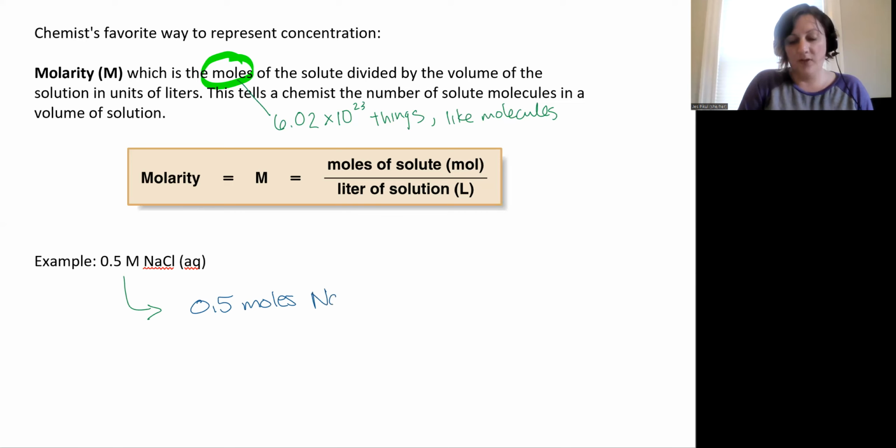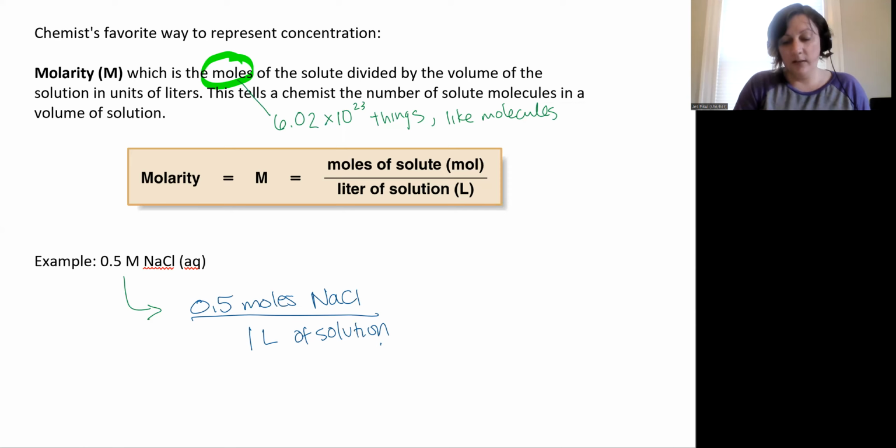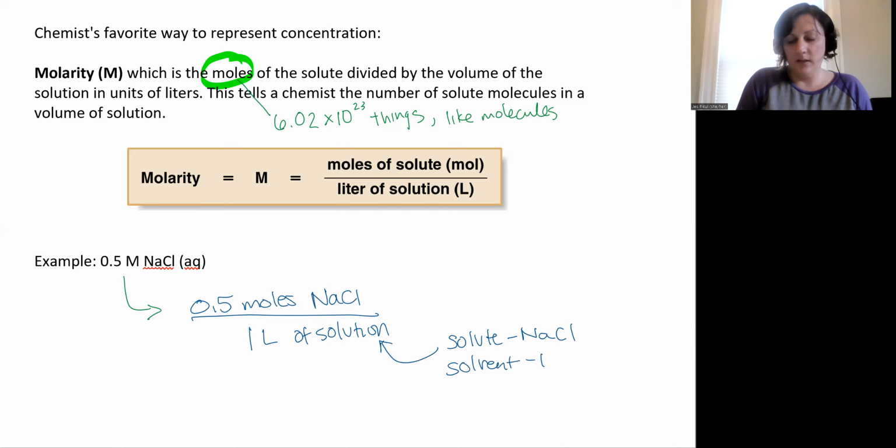So it'll be moles of sodium chloride, which is table salt, in 1 liter of solution. And the solution is going to be a solute of sodium chloride and a solvent of water.